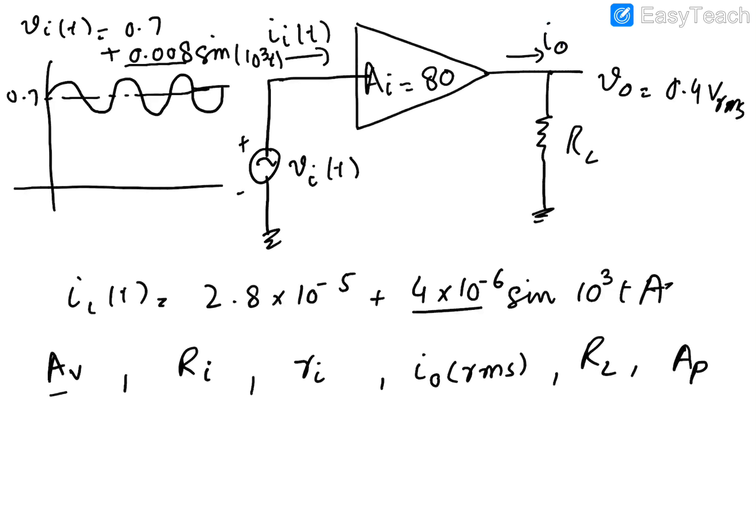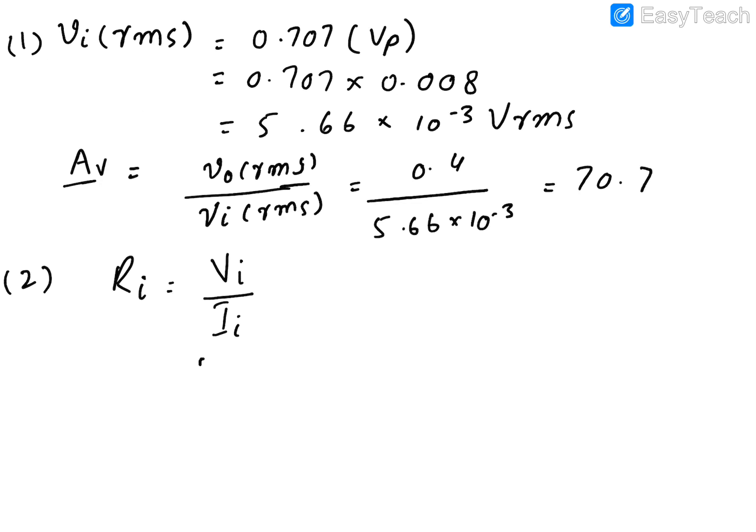DC input voltage is 0.7 and DC input current is 2.8 into 10 to the power minus 3.